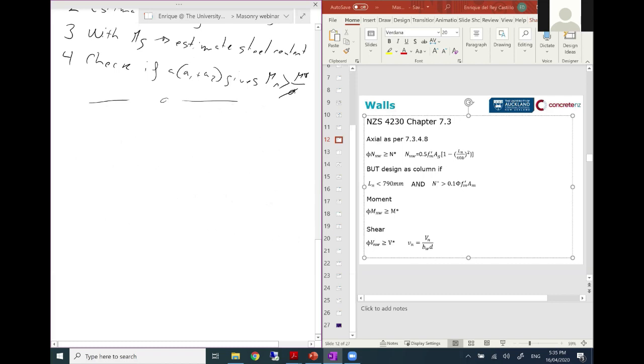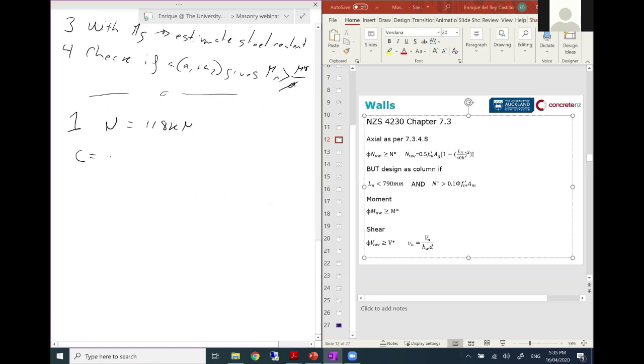Right. So now point 1, we have our axial load. It's N, 118, I just calculated before. And now our compression force is A1 times 0.85, the compression strength of the masonry, times the thickness of the wall.